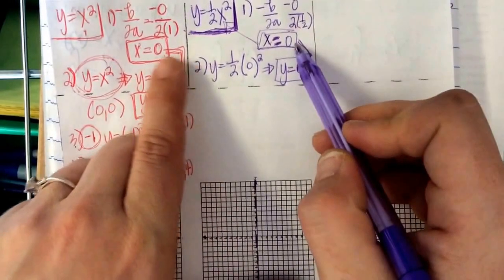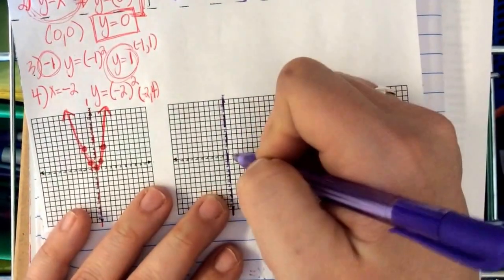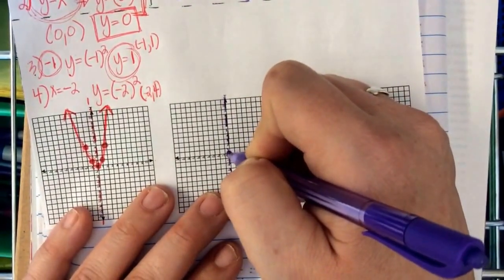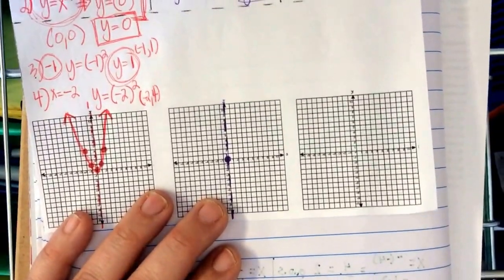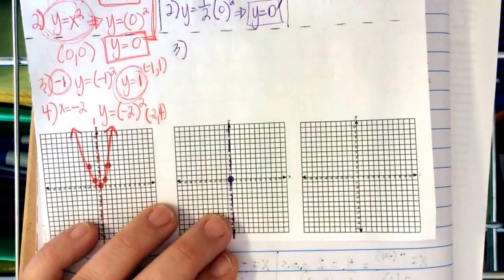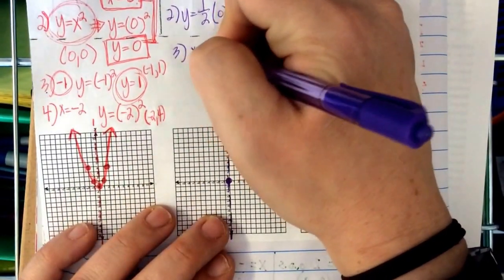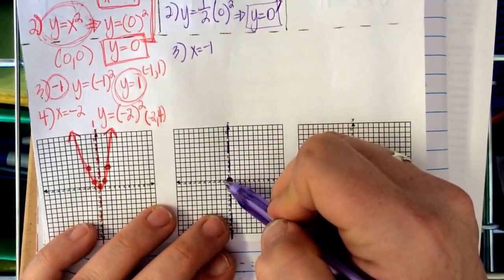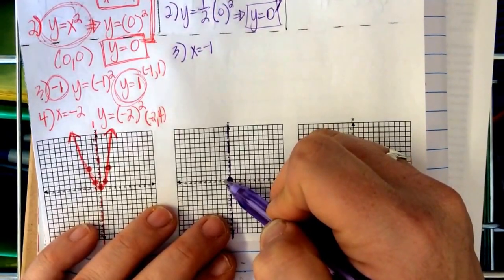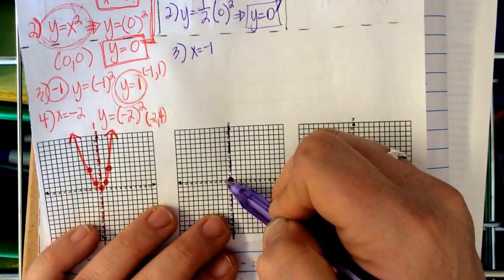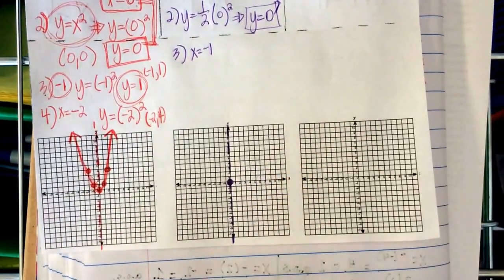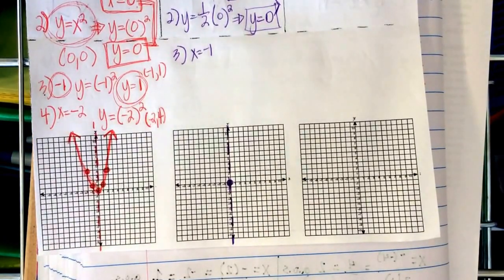No. I have 0, 0 still. Then I'm going to pick a number, negative 1, and I substitute. Then you pick another number and substitute, reflect and connect. You're looking to see what changes happen.